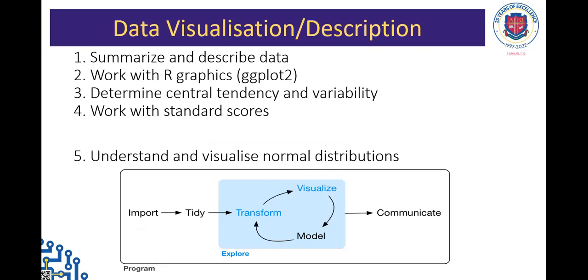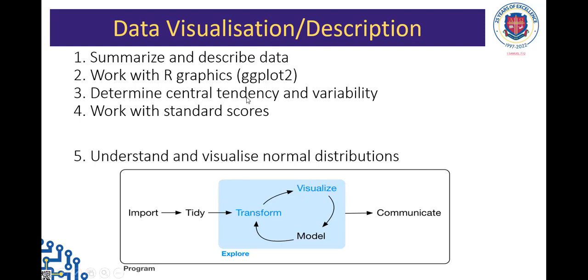So the first steps are that you will summarize and describe your data. And this is when we're looking at the descriptive statistics in the last 2 scripts that you worked with. And then the visual bits using the R Graphics ggplot2 package.